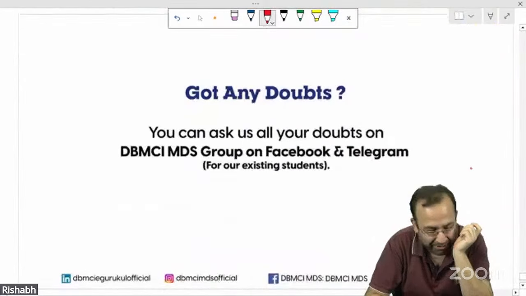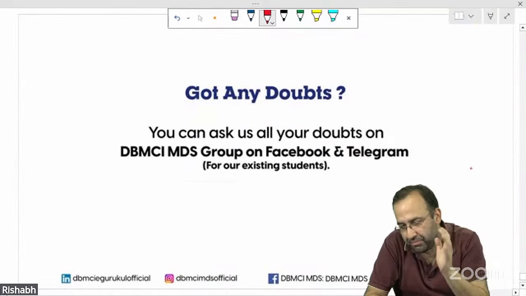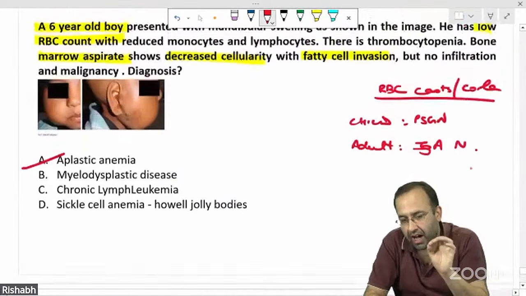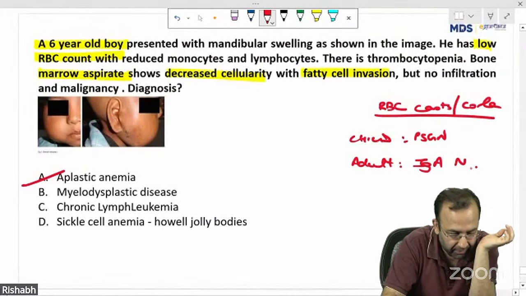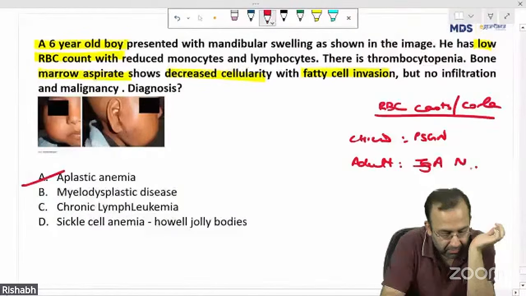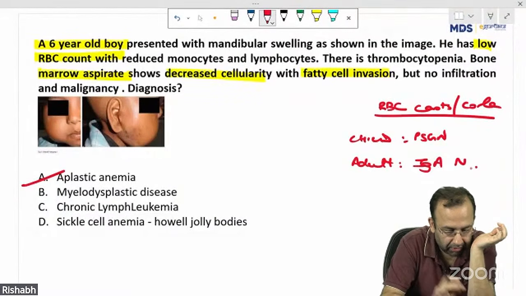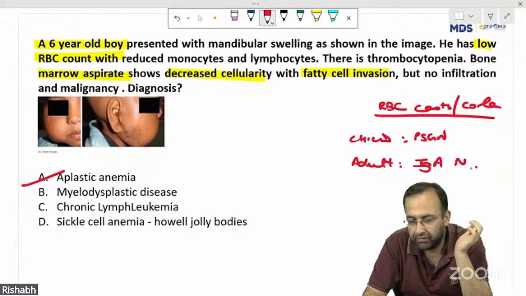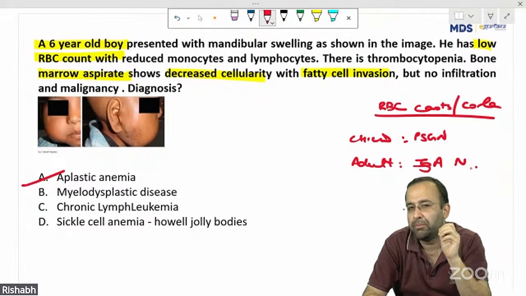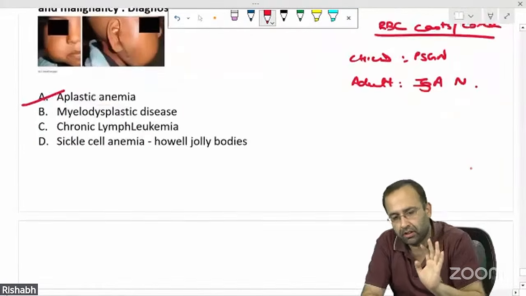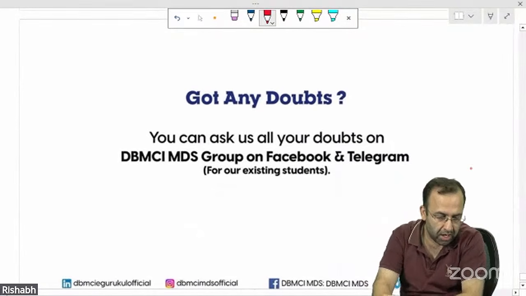Next point. So question was slightly different, but the answer might vary. Answer might vary, but it will depend upon the language of the question, but classically this is what it is.